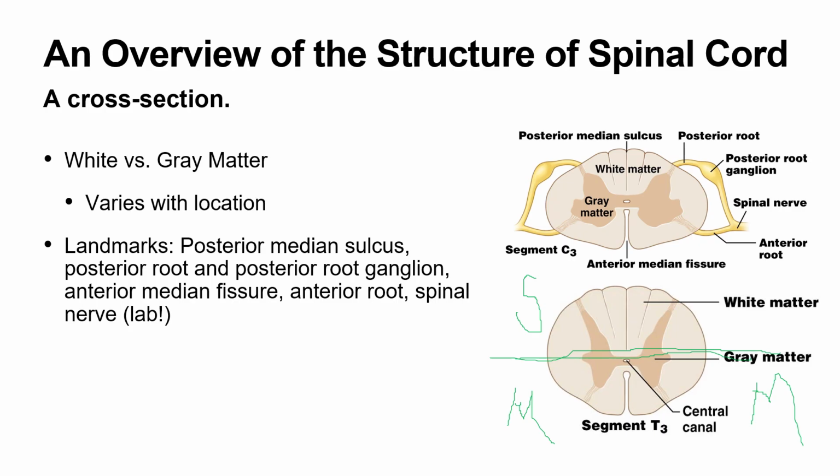Posterior structures will mostly be carrying sensory information, whereas anterior structures will mostly be carrying motor information. So that's a key concept that's going to really help you a lot with understanding more about neurophysiology. So keep that in mind. Posterior structures mostly carry sensory information. Anterior structures mostly carry motor information.